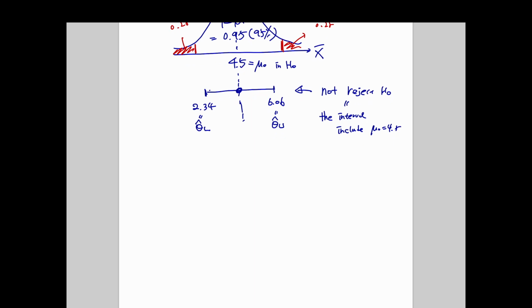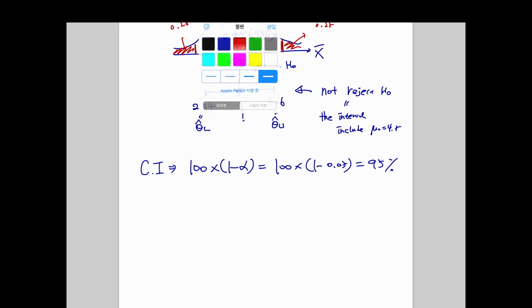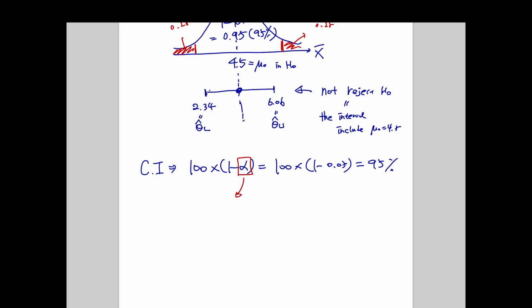In other words, the confidence interval with a confidence level 1 minus alpha, the alpha means the significance level for rejecting the null hypothesis in the testing part.